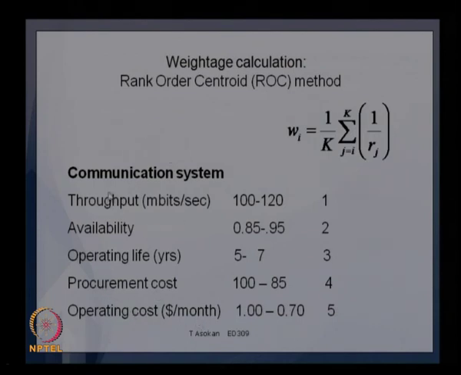These are the values of these objectives: throughput 100 to 120, availability 0.85 to 0.95, operating life 5 to 7 years, procurement cost 100 to 85, operating cost 1 to 0.7. These are the minimum and maximum values we will use in the value curve.